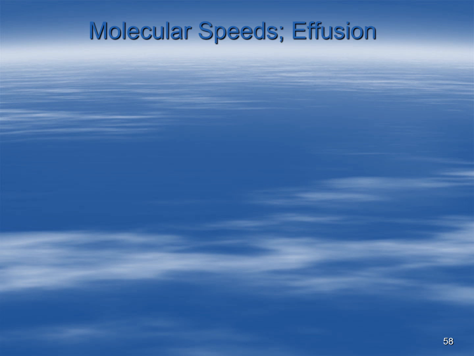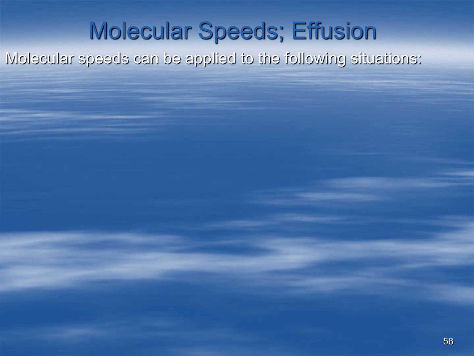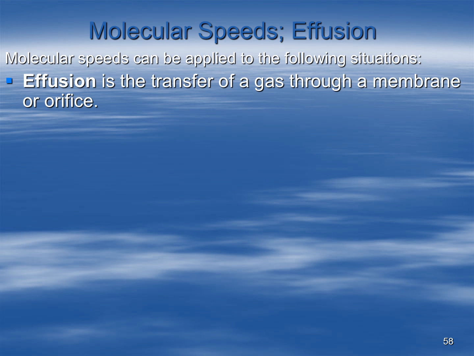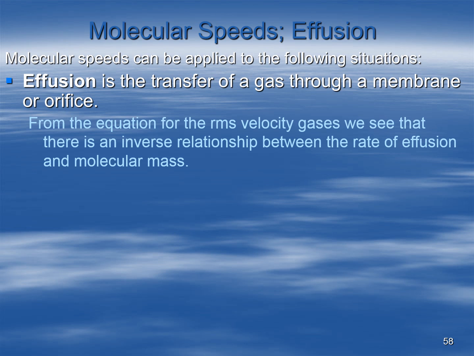Now, effusion is another thing that molecular speeds can be applied to. Effusion is defined as the transfer of a gas through a membrane or orifice. So the root mean square velocity has an inverse relationship between molecular mass and speed, and it also has an inverse relationship with effusion.